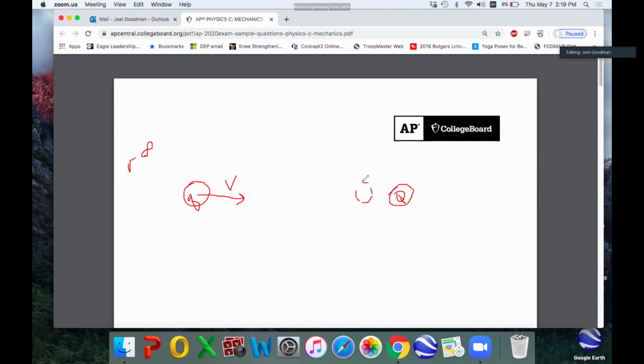The target can't move. What technique might you apply to this? Energy? Yeah. So this involves mechanics and electricity together.